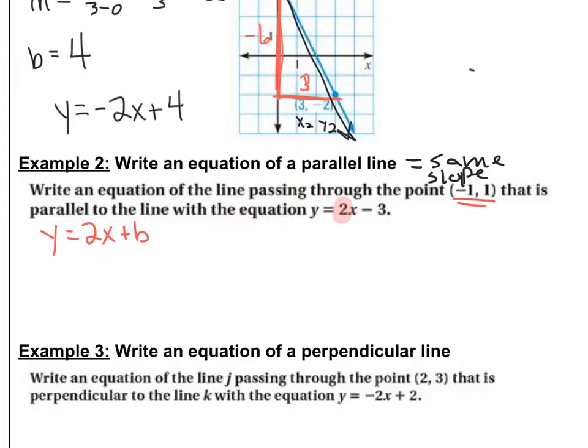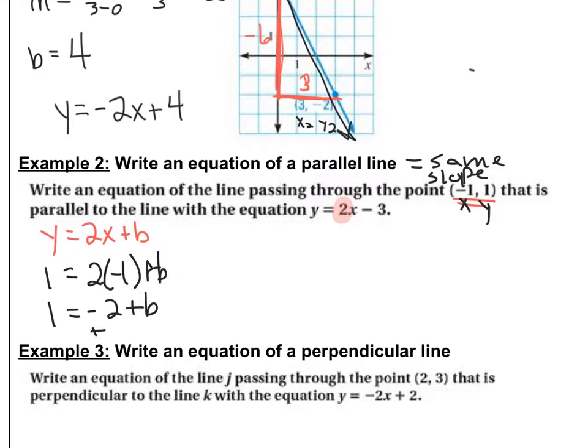Then we're going to come back over to this problem. We're going to label our x and our y, then take our x and plug it in over here, and take our y and plug it in over here. We're going to solve for b. So y is 1, x is negative 1, and we're looking for b. So this is 1 equals negative 2 plus b.